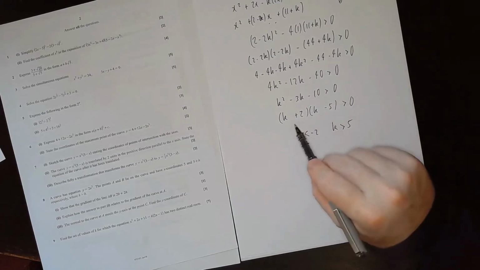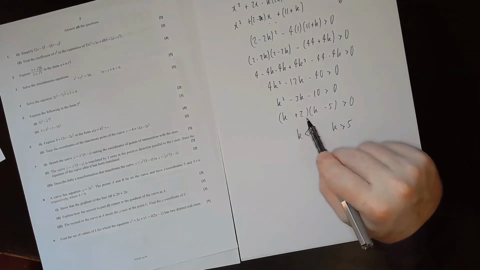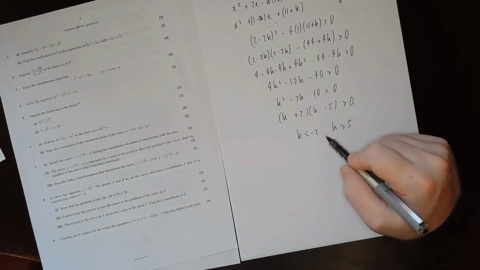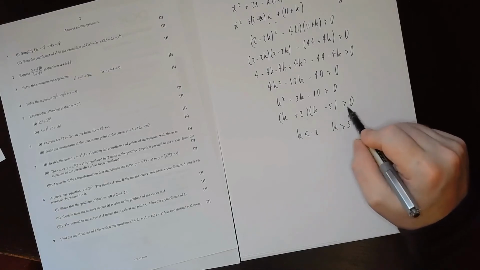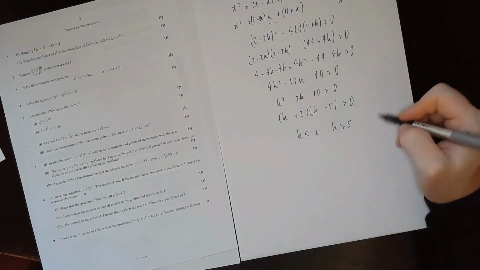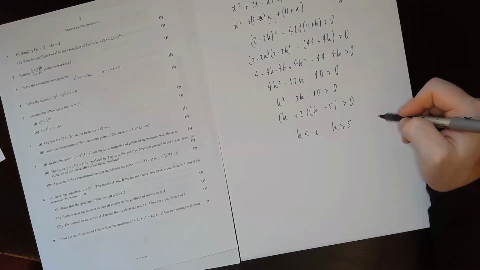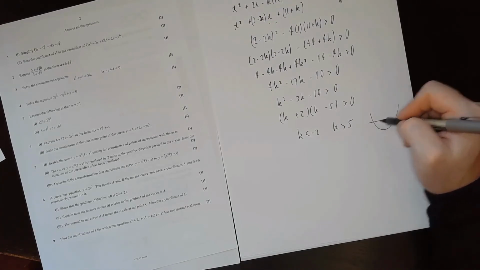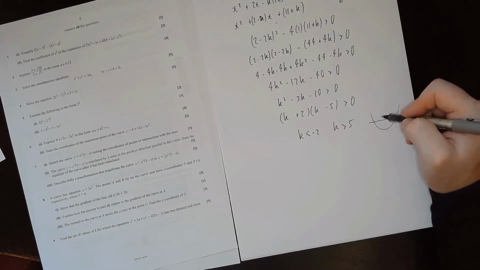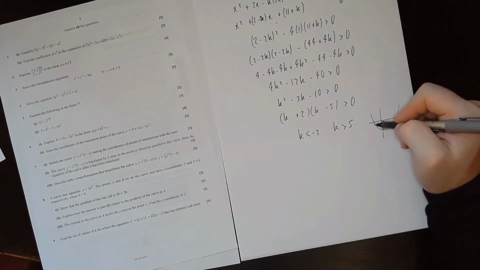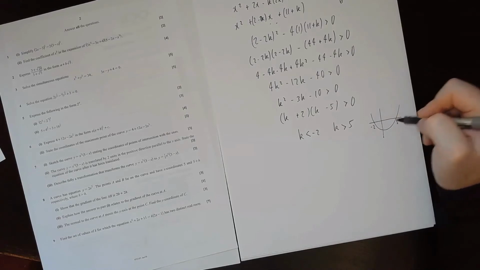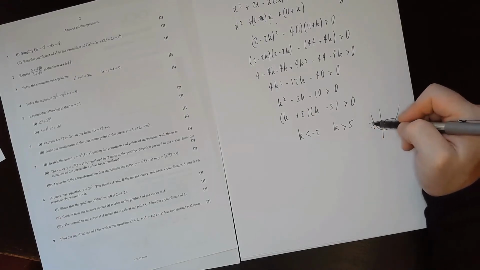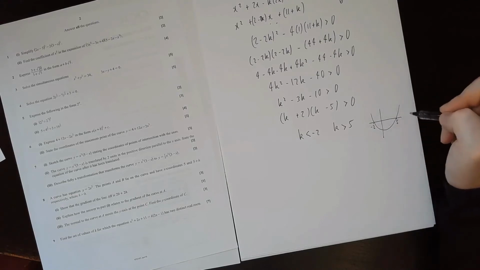Because I basically took a value that was in between minus 2 and 5, and that was negative, but it needs to be positive. So what this actually looks like on a graph is something like this. Minus 2 and 5. So when it's greater than 0, k is less than minus 2 and greater than 5.